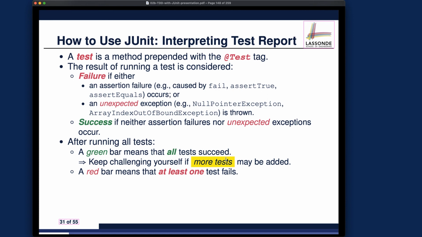Okay, what about red bar? Red bar definition is very easy. As long as there's at least one test method that fails, either because of some assertion failure or because of some unexpected exception, you'll get a red bar. Only if you pass all the test methods defined in your test class will you get a green bar.